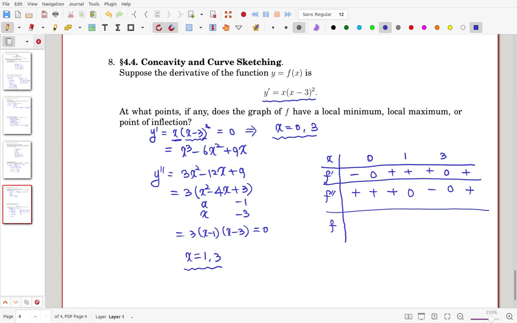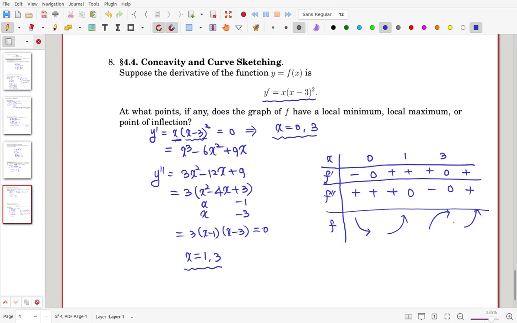If x is less than 0, then it's going down, but concave up. Between 0 and 1 it is going up and concave up. Between 1 and 3 it is going up but concave down. And larger than 3, it is going up and concave up, right?